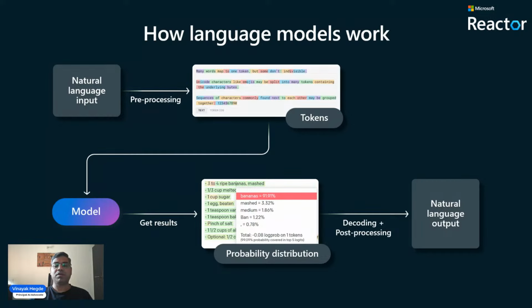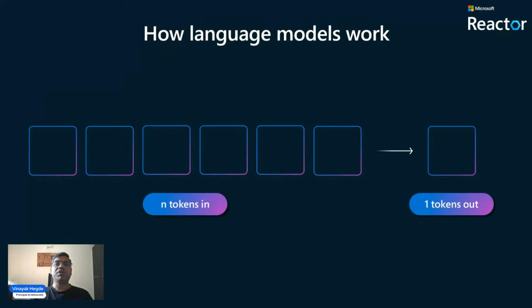We don't have time to cover all of this, but essentially the goal of this model is to predict the next word in the sequence, which leads to the model sampling a probability distribution that results in the final text and token. So the general idea is you go from text to tokens. Tokens are numbers. Numbers go into the model, and the model samples a probability distribution, then outputs a natural language output, which is a single token. You have n tokens in and one token out.